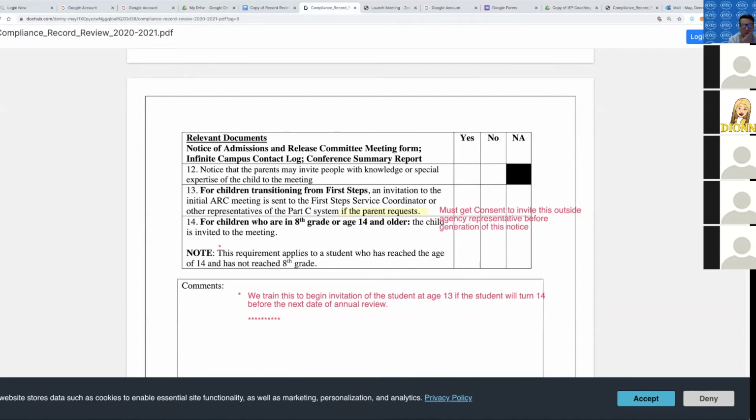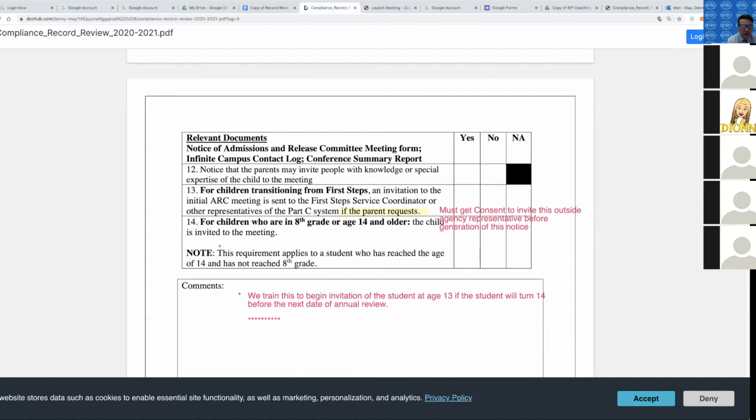What the whole part of that is, is that when you're doing preschool kids and you're transitioning from First Steps and they're getting ready to turn 3, an invitation to the initial ARC meeting is sent to the First Steps coordinator, and we've got highlighted in yellow if the parent requests. You must get a consent to invite an outside agency from that parent in order to invite that person.